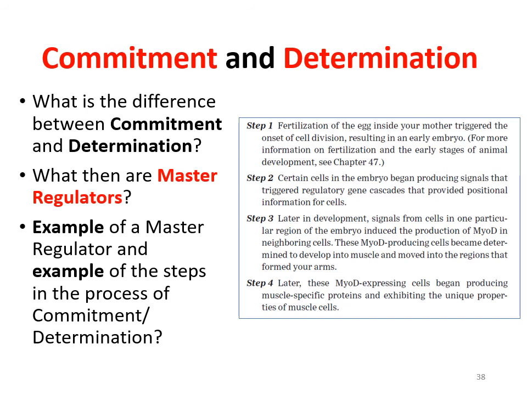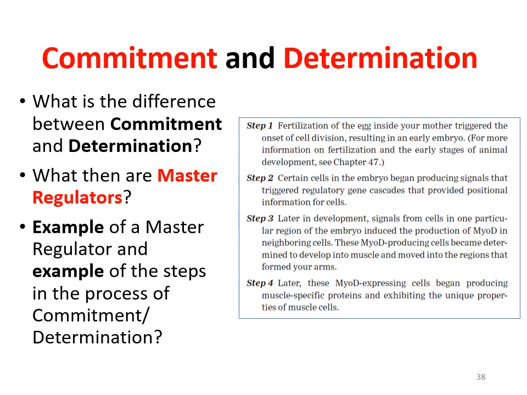Now along that path from commitment toward determination, you encounter various master regulators. A master regulator is simply a gene or protein that will trigger a series of events producing the specialized cell type or tissue that you are going to become.